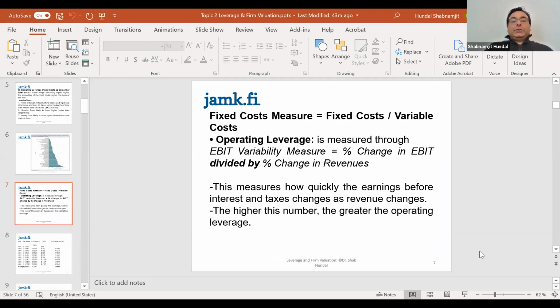The formula to calculate operating leverage is here. You can see that operating leverage is calculated by percentage change in EBIT. You know EBIT? EBIT is the earnings before interest and tax. In some companies, they call it simply operating profit.